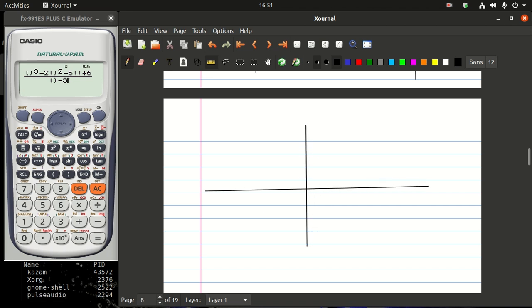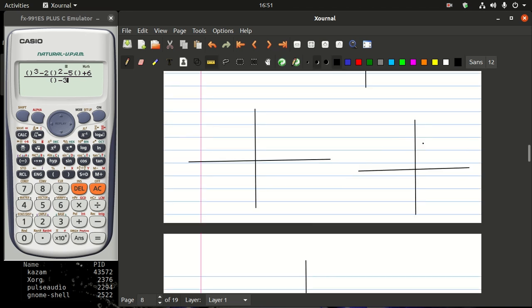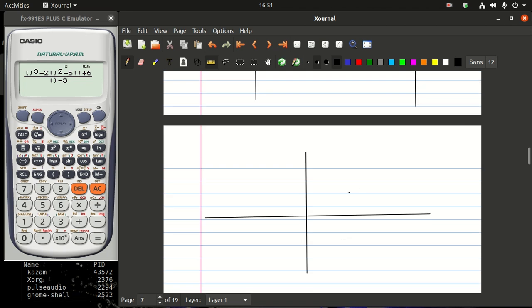So I'm gonna have this. So how are these curves gonna be? This one I want it to be of this type. Okay, this one I want it to be of this type.